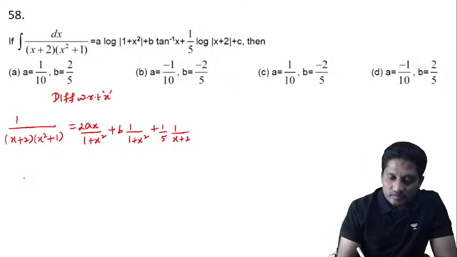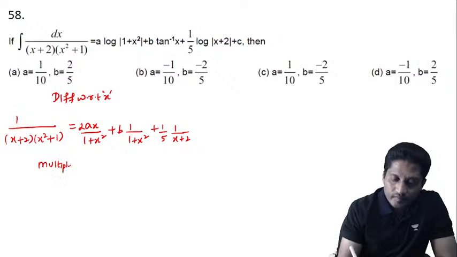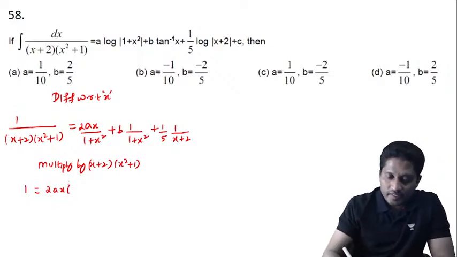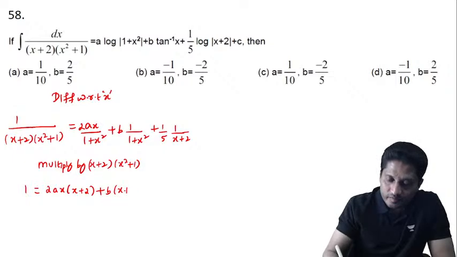Okay, now if you multiply by x plus 2 into x square plus 1, this becomes 1 is equal to 2ax into x plus 2 (the 1 plus x square will get cancelled), plus b into x square plus 1 will get cancelled, x plus 2, plus 1 upon 5 and then you get x square plus 1.